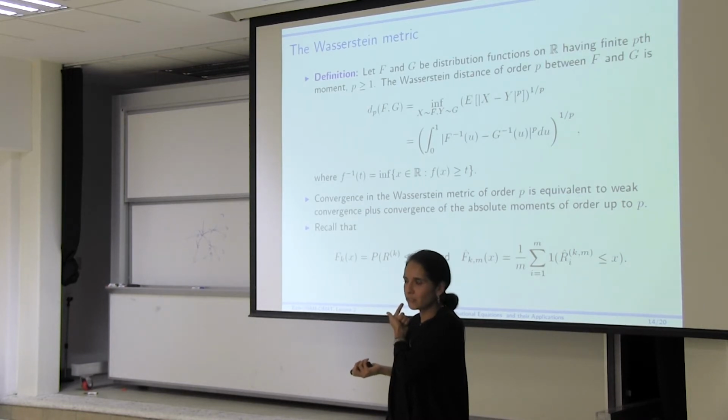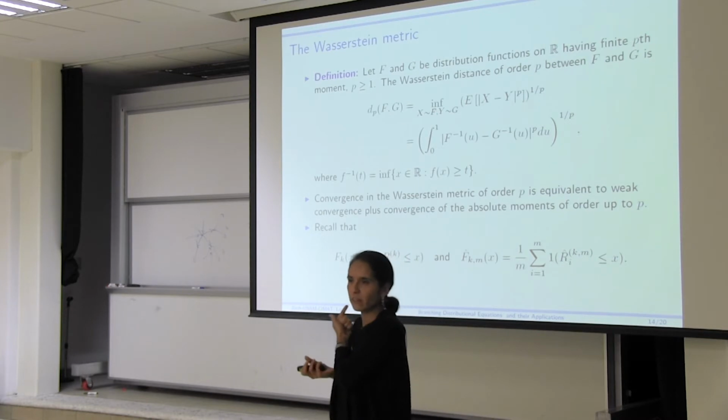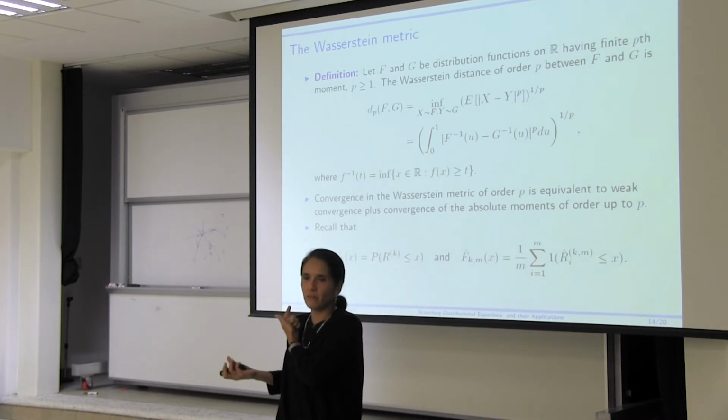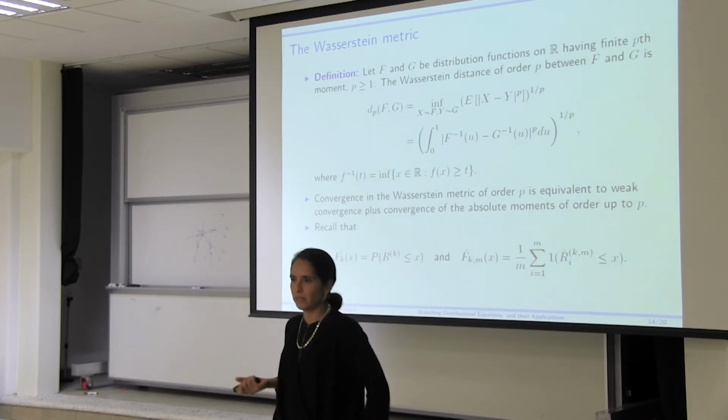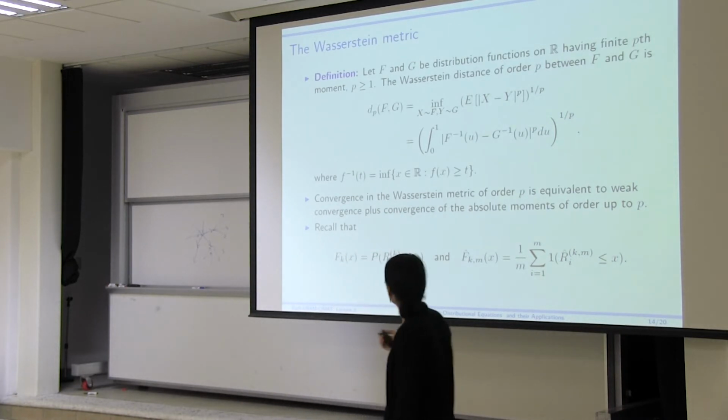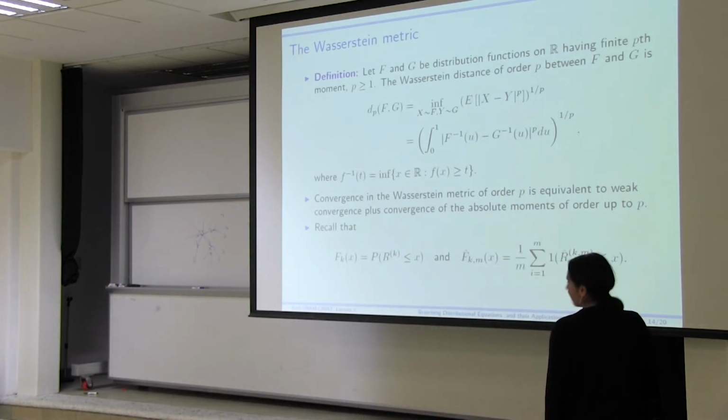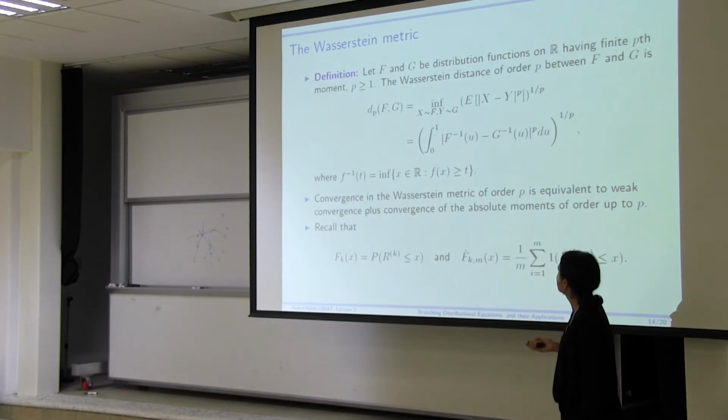Convergence in the Wasserstein metric gives you the convergence of the distribution and the convergence of the moments. In other words, for the optimal coupling, you have LP convergence, and therefore you get the uniform integrability too. So yes, there are other options, but this one seems to work rather well in practice.